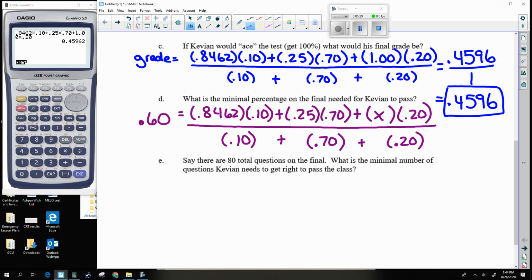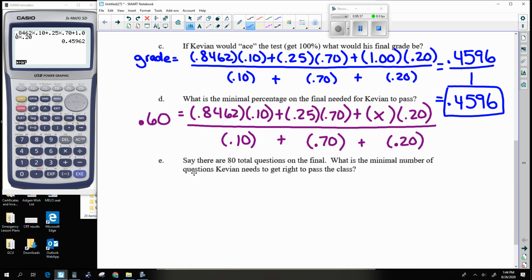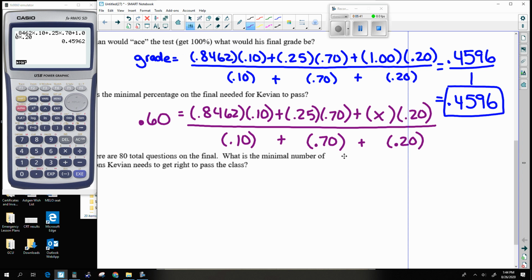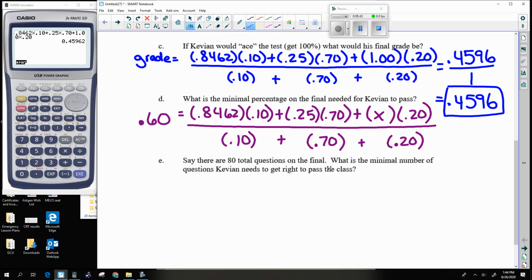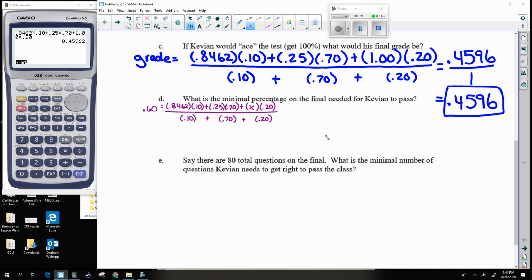All right, so I am going to consolidate these numbers a little bit. I'm going to make my equation a little bit smaller. There we go. So I'm going to put the numbers together up there.